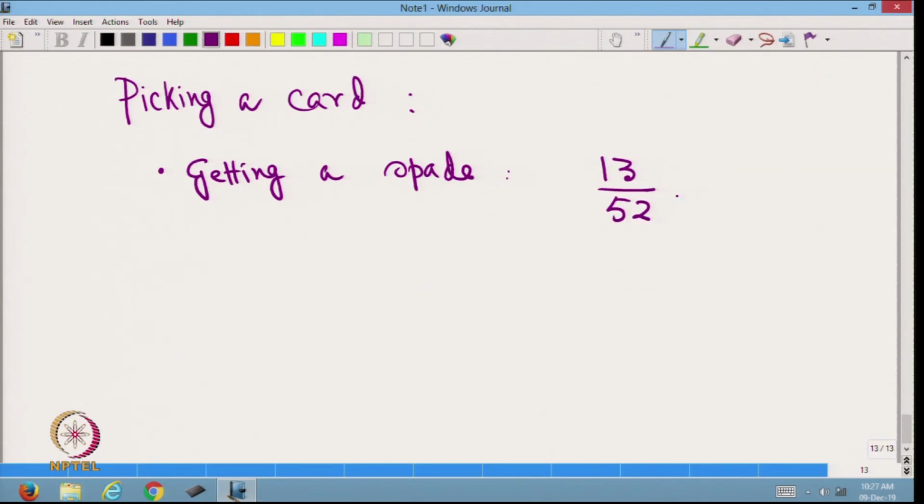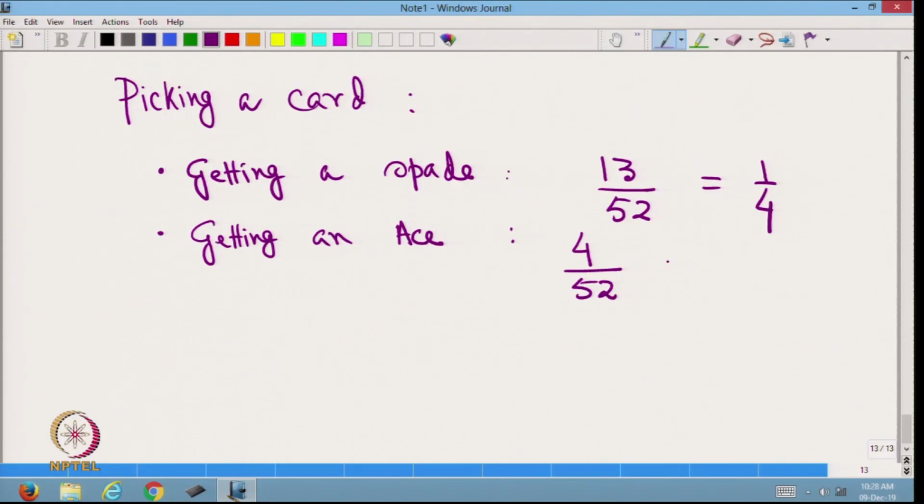Therefore, this probability is going to be 1 by 4. Getting an ace, there are 4 aces corresponding to the 4 suits. Therefore, the number of favorable outcomes is 4, the total number of outcomes is 52. Therefore, this probability is going to be 1 by 13.